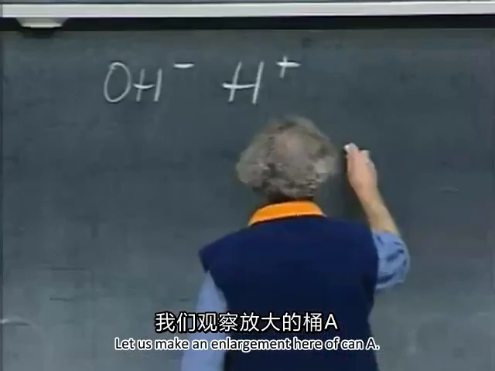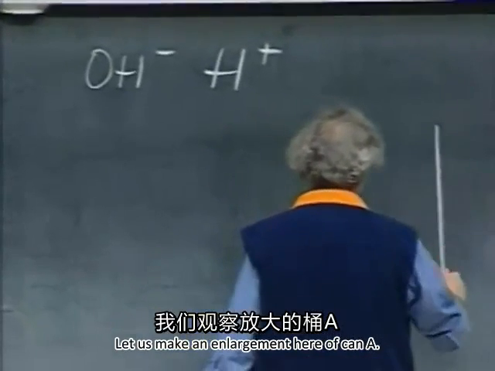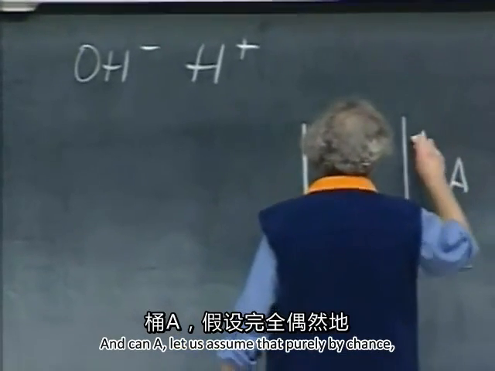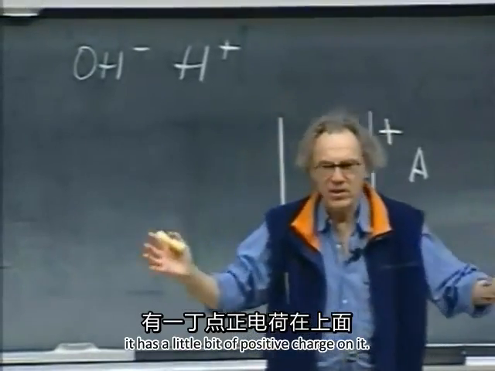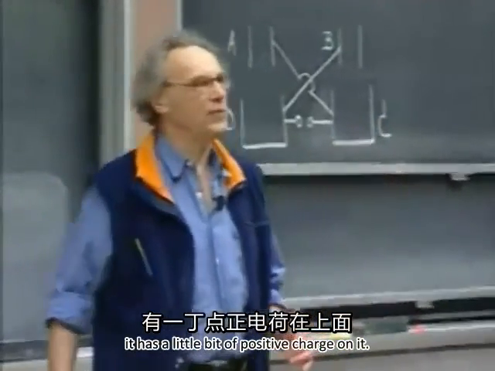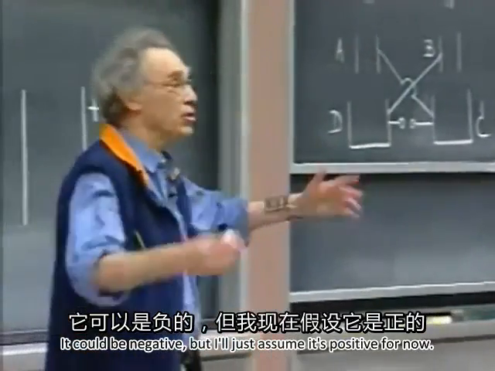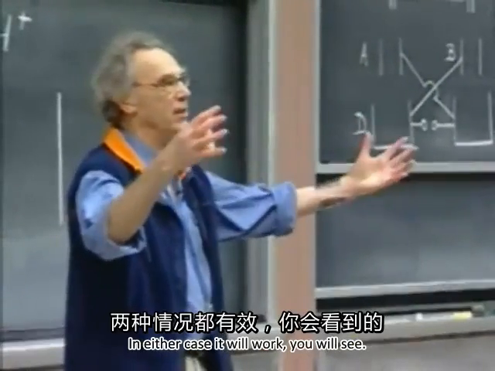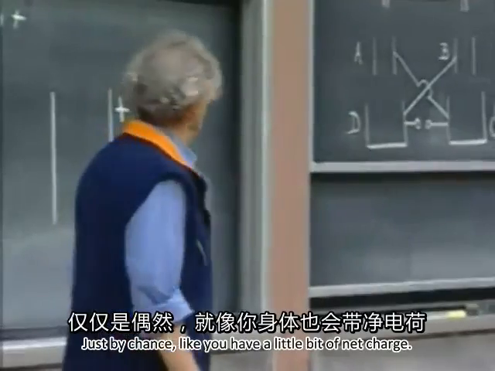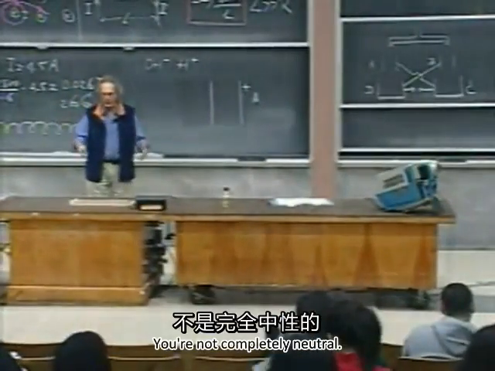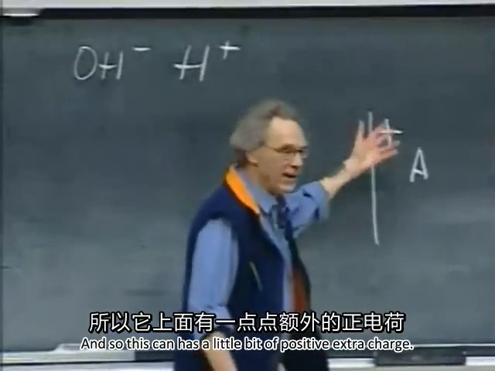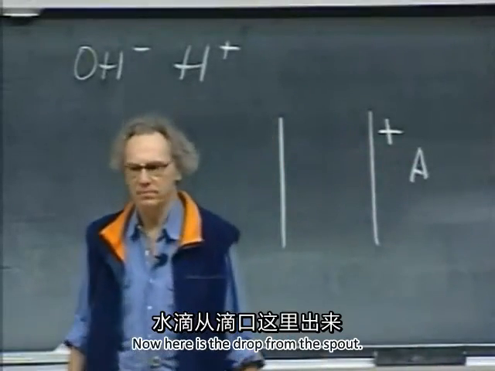Let us make an enlargement here of can A. And can A, let us assume that purely by chance, it has a little bit of positive charge on it. It could be negative, but I'll just assume it's positive for now. In either case, it will work, you will see. Just by chance, like you have a little bit of net charge. You're not completely neutral. And so this can has a little bit of positive extra charge.